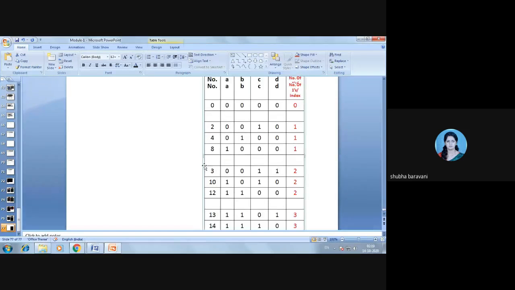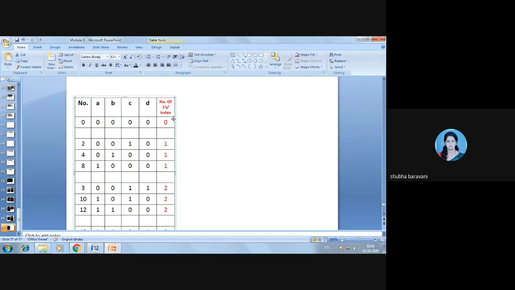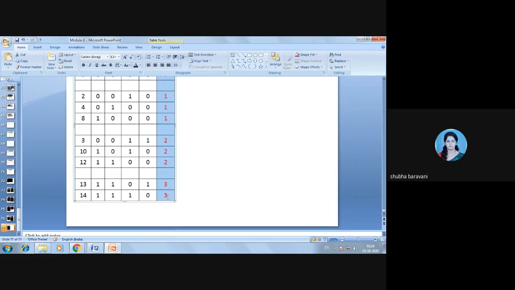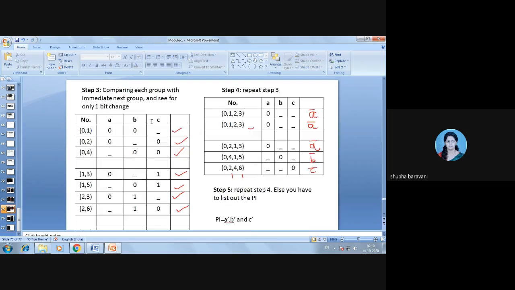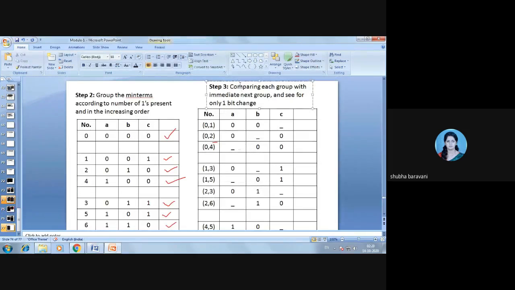Okay, I'll take my step 2 again here. I'll take the same table. Now let me remove this one. Now step 3.